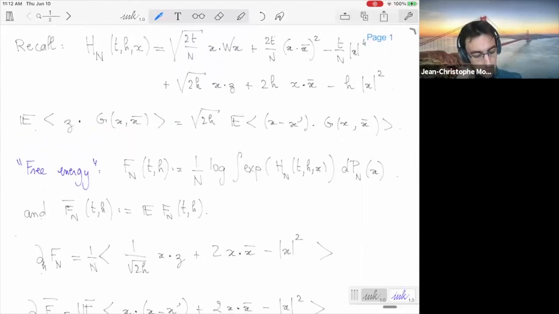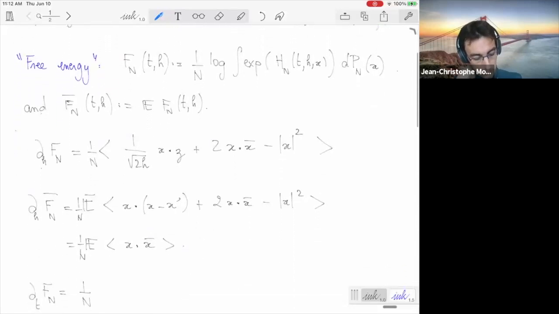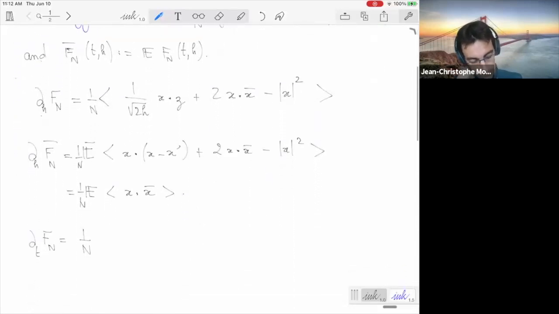So I'll have the bracket of 1 over square root of 2tn, w dot x star, plus 2 over n, x star dot x bar star.